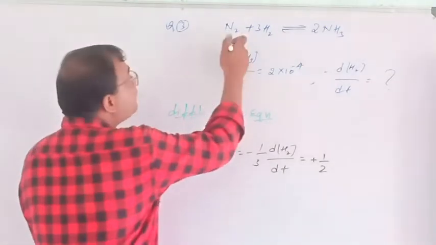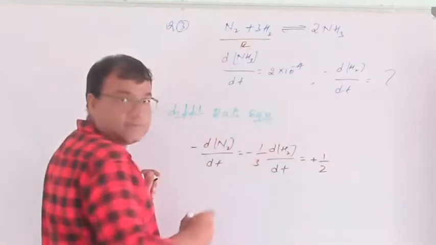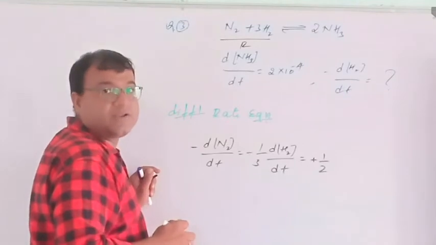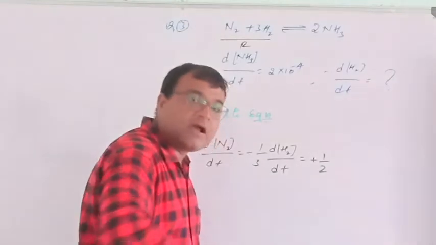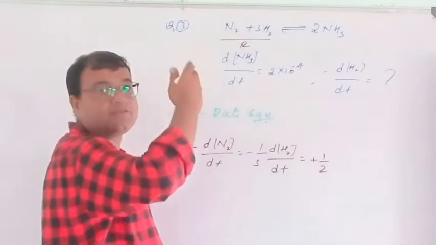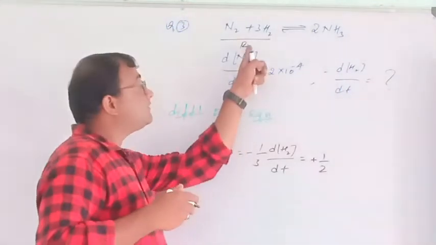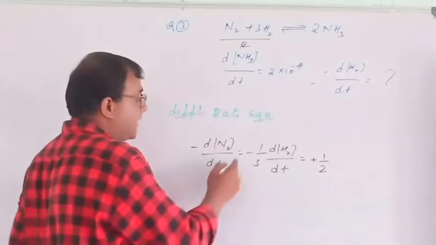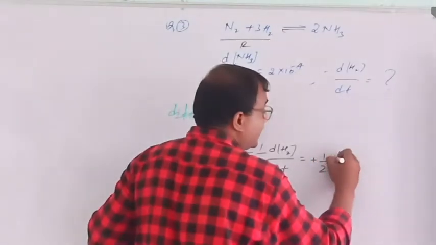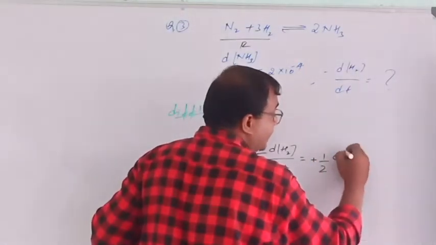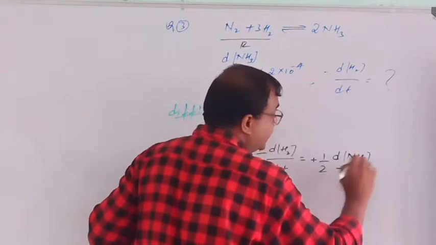Because it is a reactant, it decreases in concentration. As time passes, concentration of the product increases, so it is plus. This decreases, so it is minus.